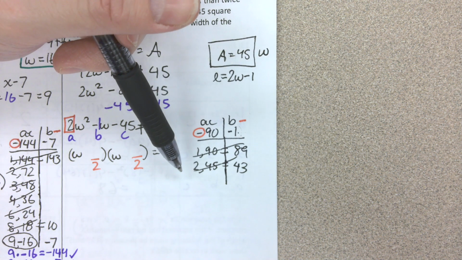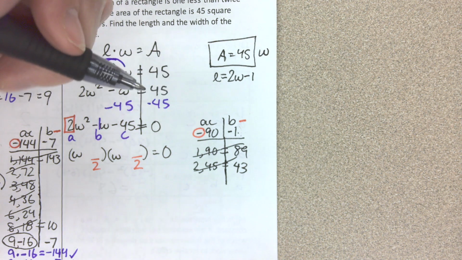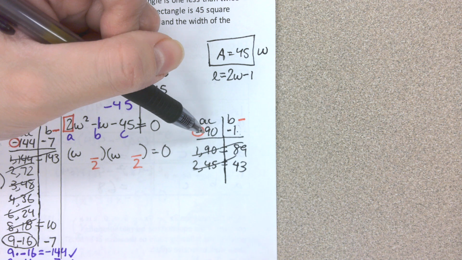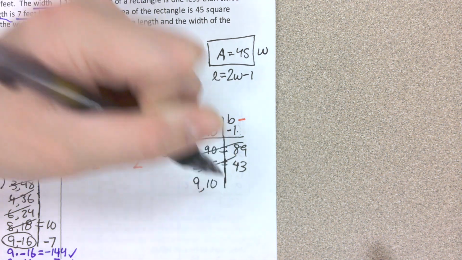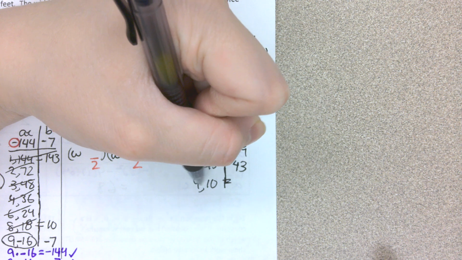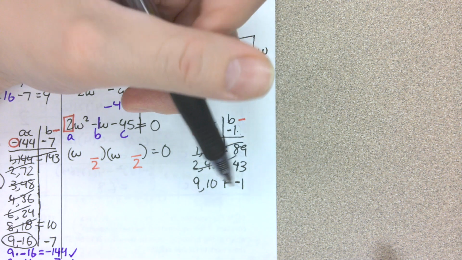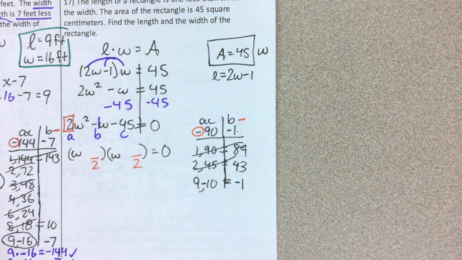I'm going to go ahead and just give you these numbers to speed this up. The correct numbers, and if you want to pause this and try to get them on your own, do it now. The correct numbers are 9 and 10. If I subtract, I will get a 1. Now to get negative 1, it's not 10 minus 9, it's 9 minus 10.